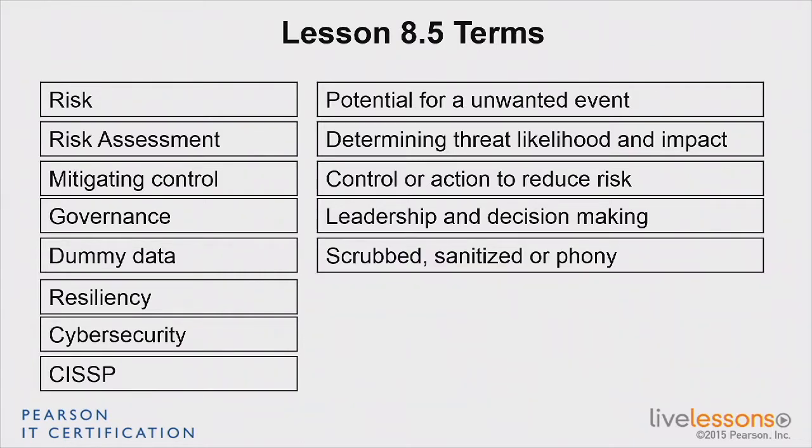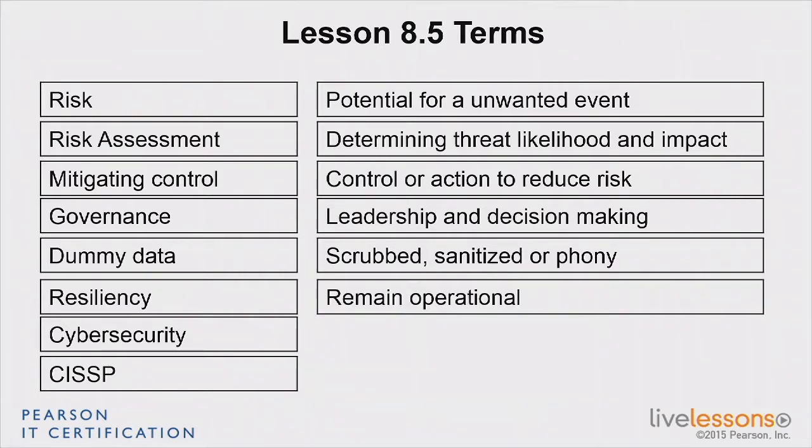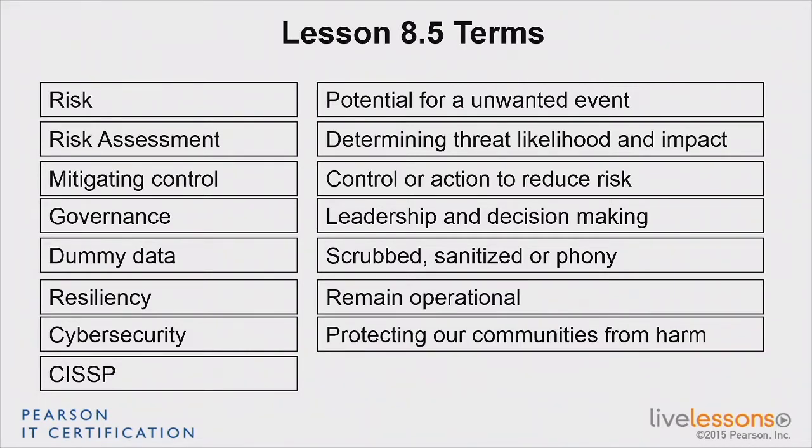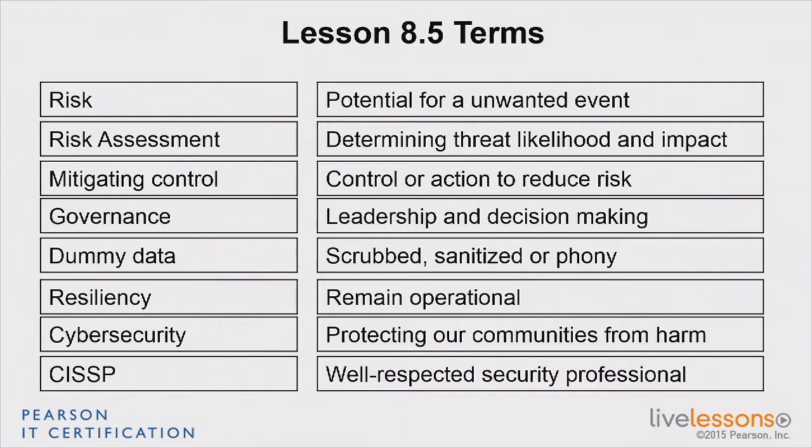Dummy data is either scrubbed, sanitized, or phony data. Resiliency is the ability to remain operational. Cybersecurity is protecting our communities from harm, and one of the best ways to protect our community from harm is to install secure software. And lastly, a CISSP is a well-respected security professional.